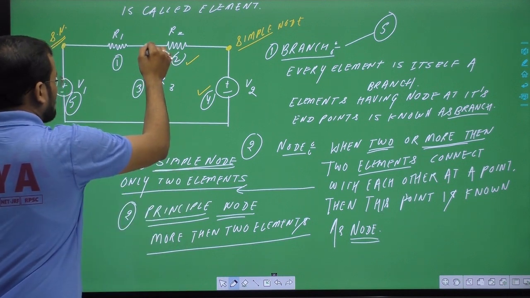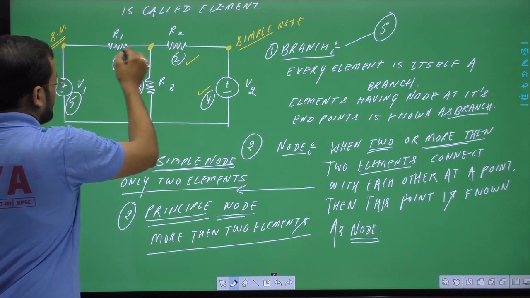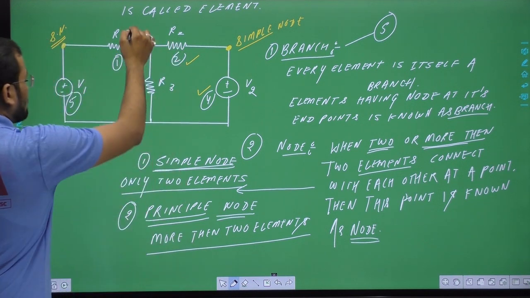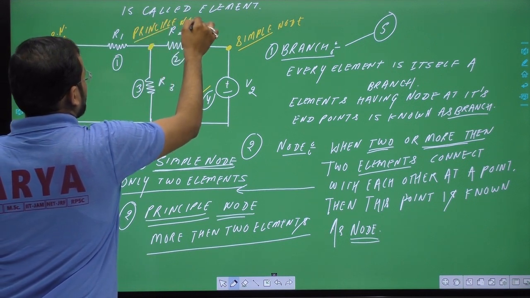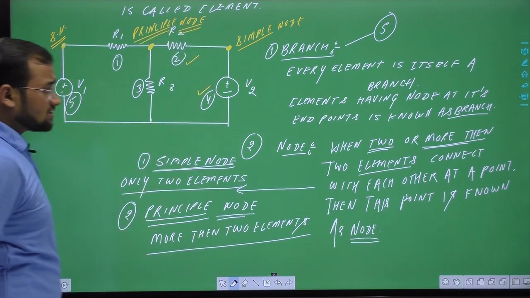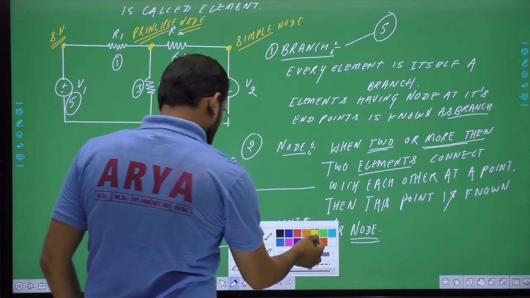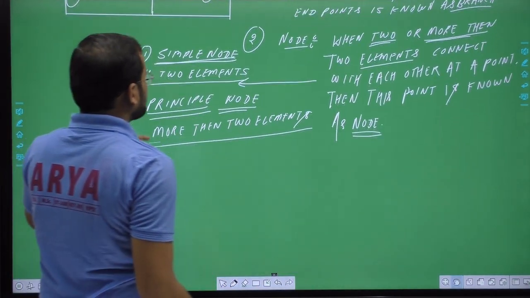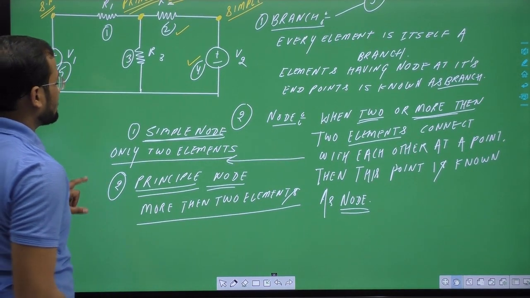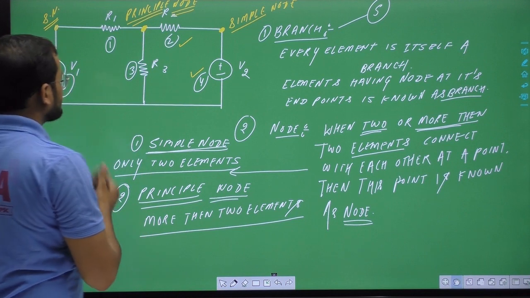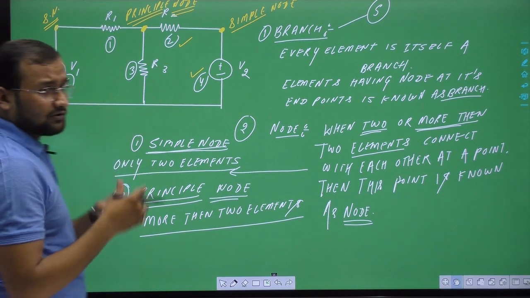But this node where there are 3 elements, first, third and second, is known as a principal node. After identifying the nodes, you can at least assign voltages at the nodes during nodal analysis.